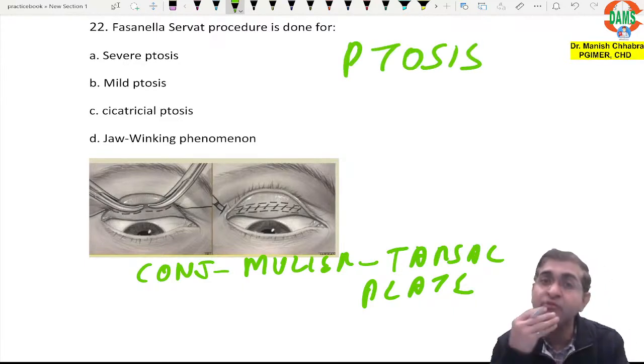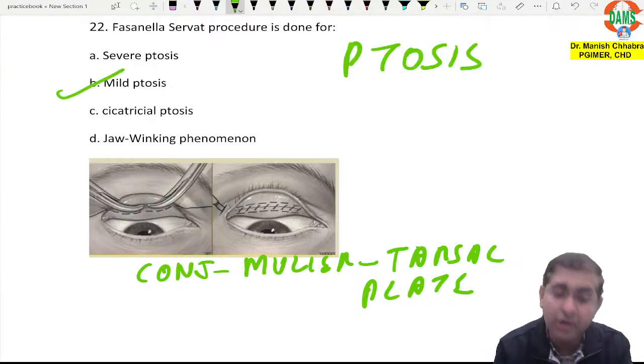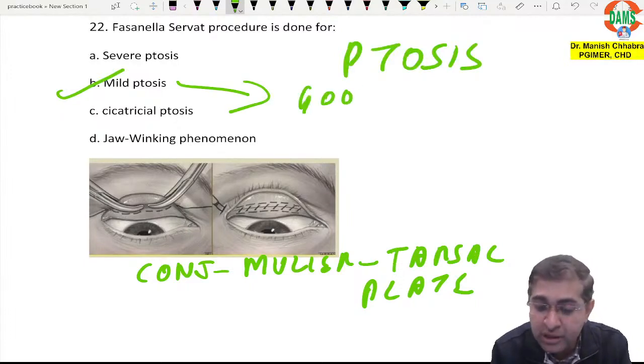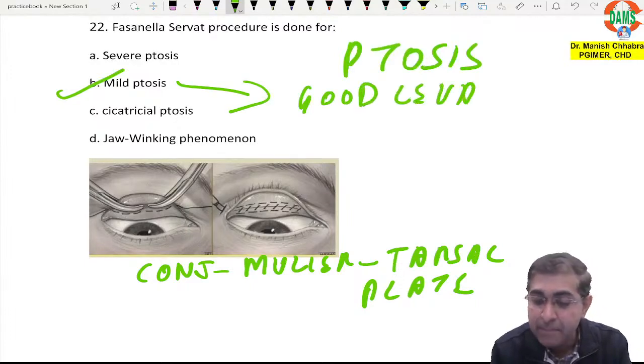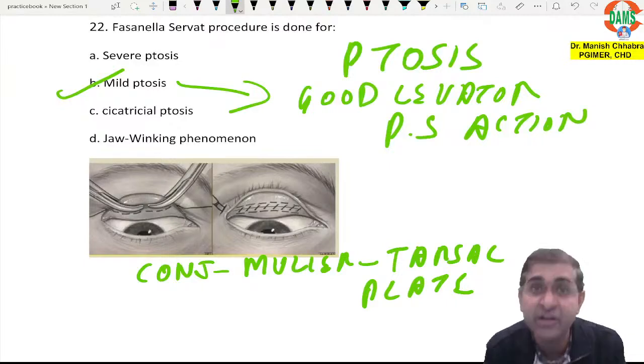But which form of ptosis do you go for it in? You go for mild ptosis, because in mild ptosis you have good levator palpebrae superioris action. That is your Fasanella-Servat procedure.